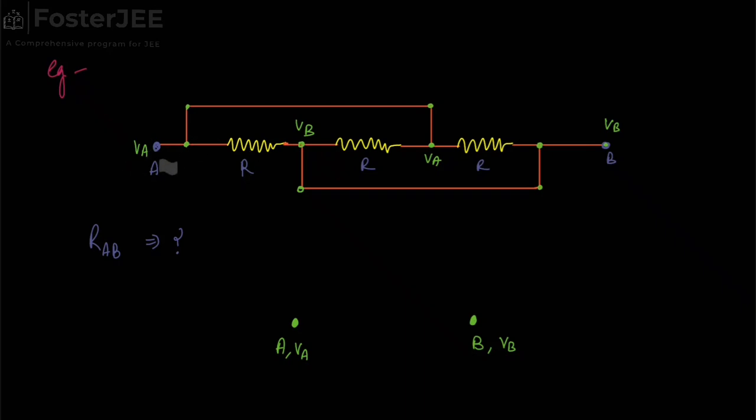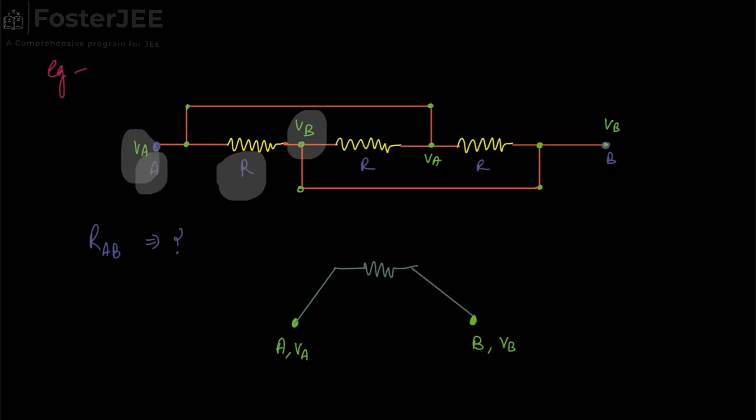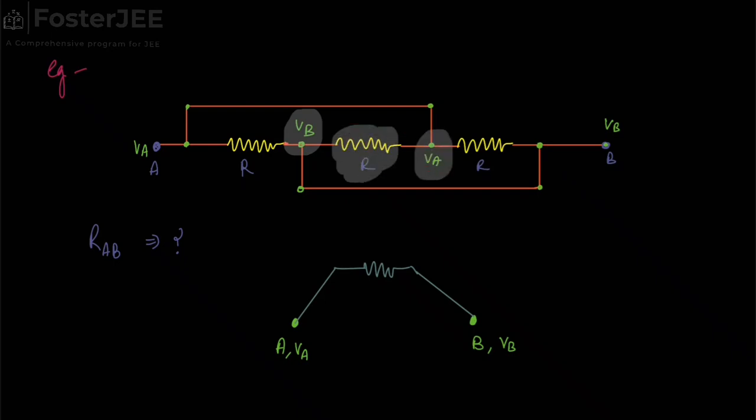So let's connect. This is our resistor. Again, between B and A we have one more resistor. So let's connect one more resistor.